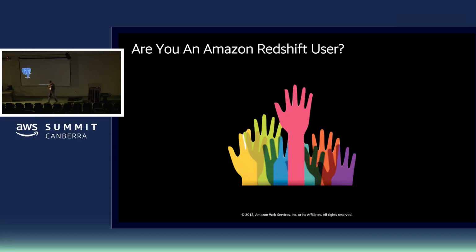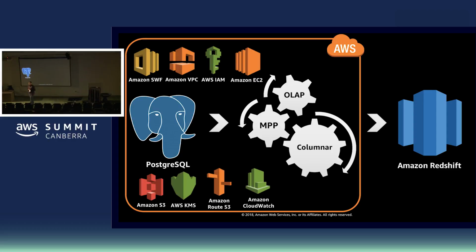So, Redshift is not a database. But what we did is we chose something that is a database, which you are all familiar with, something like PostgreSQL, and we added MPP capabilities into it, OLAP capabilities into it, and columnar capabilities into that database, and added a slew of additional services that are running on AWS, like SWF, like VPCs, like KMS, Route 53, and made it available as a service to you called Amazon Redshift.